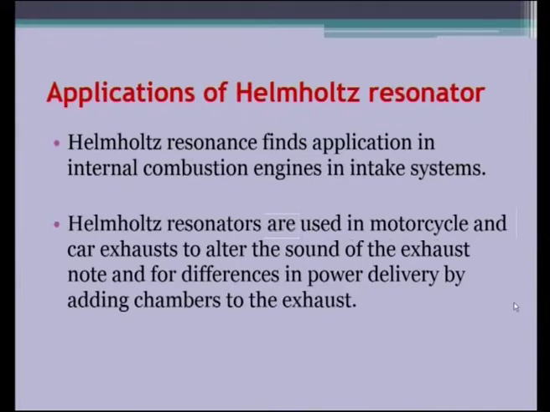Helmholtz resonators are used in motorcycle and car exhausts to alter the sound of the exhaust note, and for differences in power delivery by adding chambers to the exhaust as a sound absorber. Generally for two-wheelers and motor vehicles, we have an exhaust system which absorbs the sound, takes the sound within itself, and it is not heard outside much. So, for that the Helmholtz resonator is used.